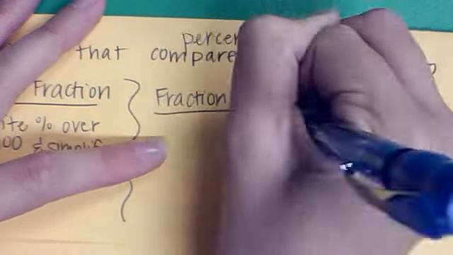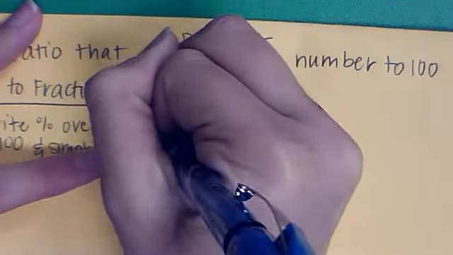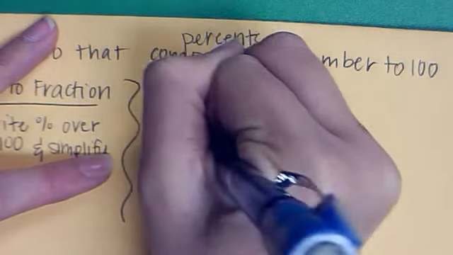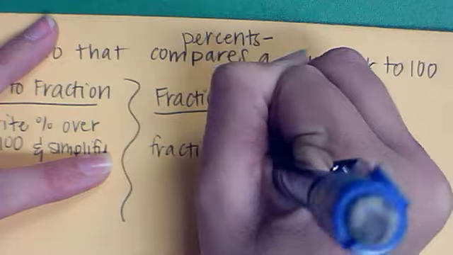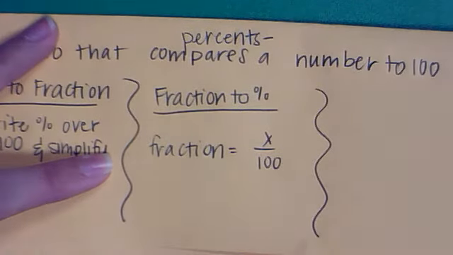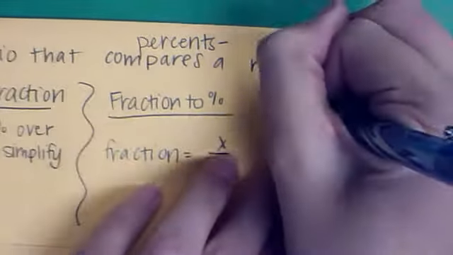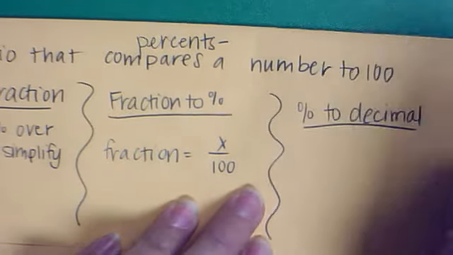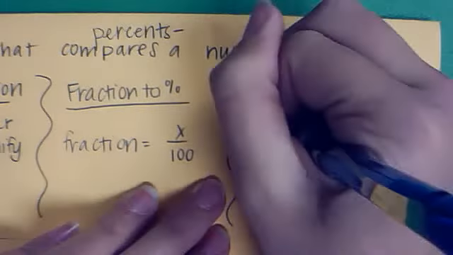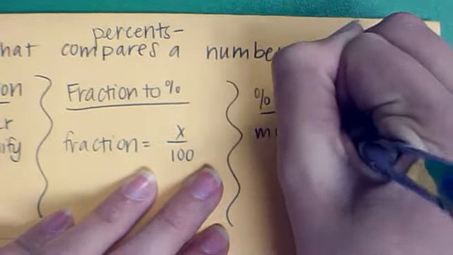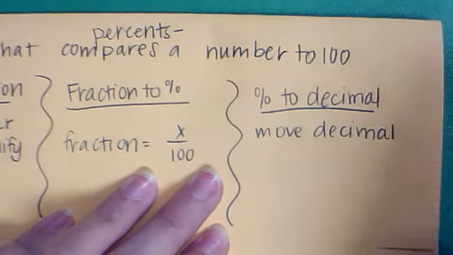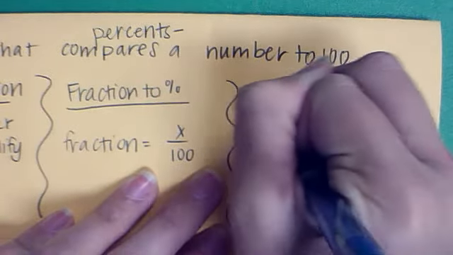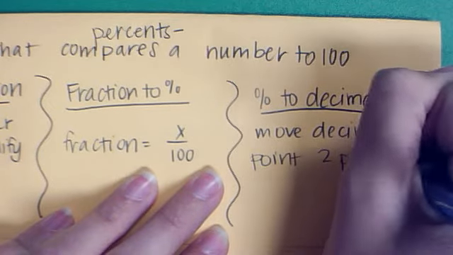To change a fraction to a percent, you're going to set the fraction equal to x over 100. And to get a percent to a decimal, you're going to move the decimal point 2 places to the left.